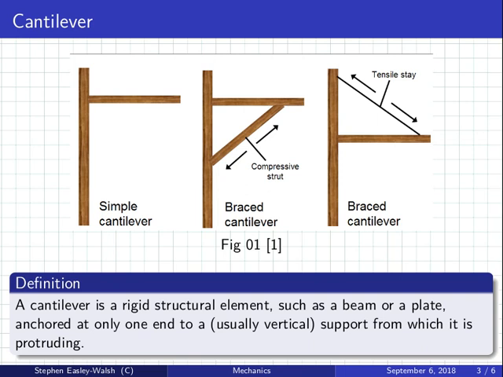Okay, got that? So I have a little competition for you. The prize will be a chocolate bar. Somewhere during the day, I won't tell you where, but somewhere when you're moving around the school, going from classroom to classroom, you'll come across a very good example of a braced cantilever.